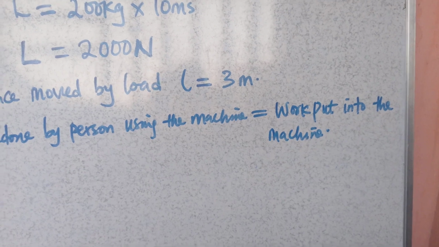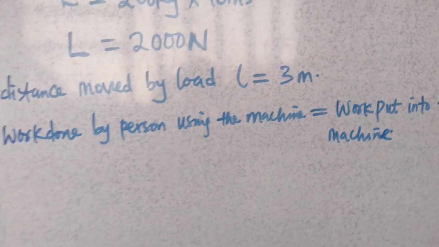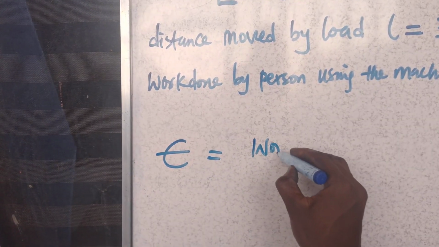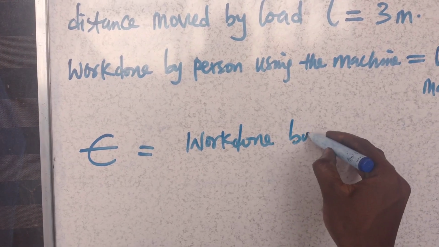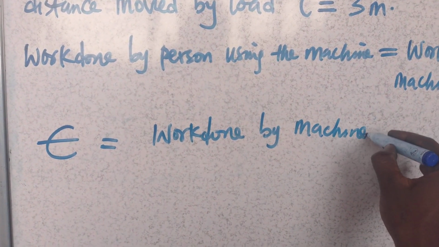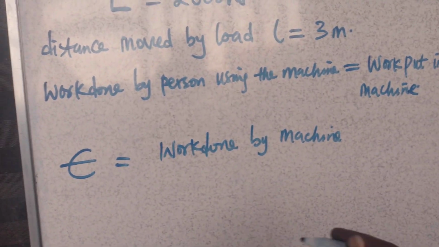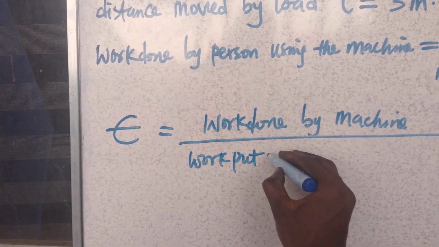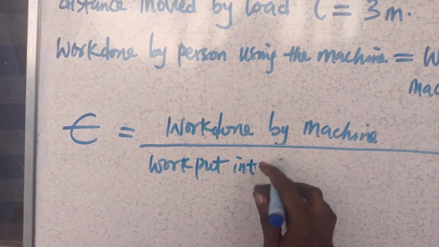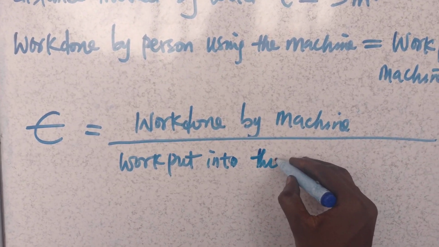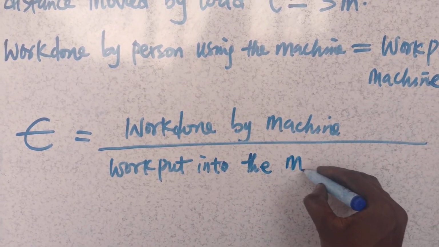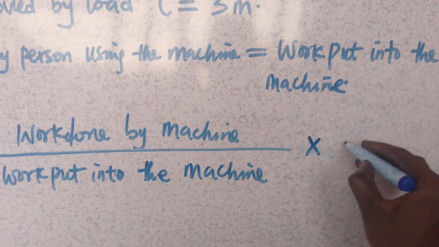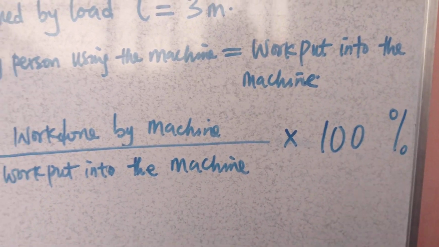Now remember the third formula I gave you for efficiency. The formula is efficiency is equal to work done by machine divided by the work put into machine, multiplied by 100, measured in percentage.